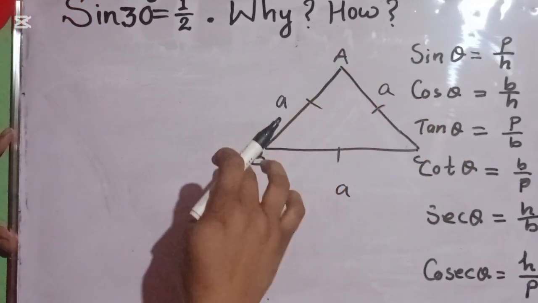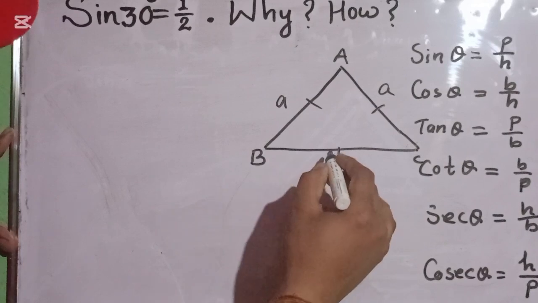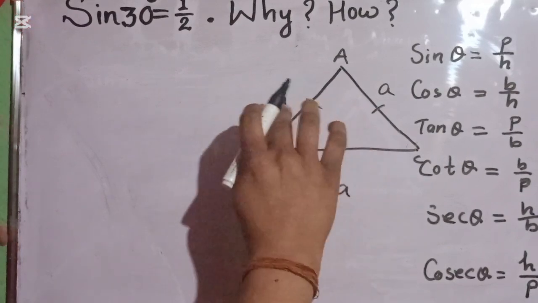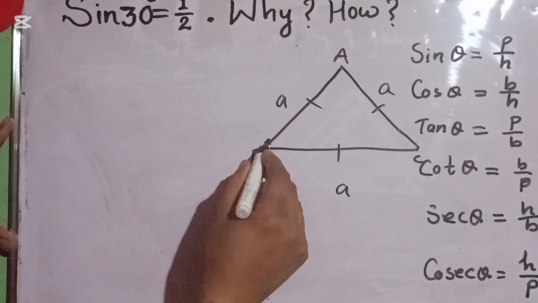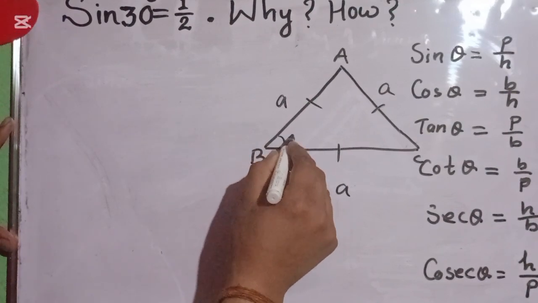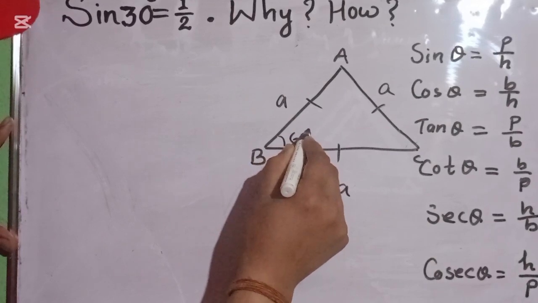These all 3 sides are equal. In place of A we can suppose any other variable also.